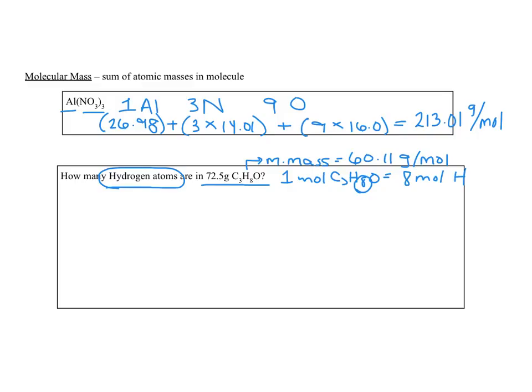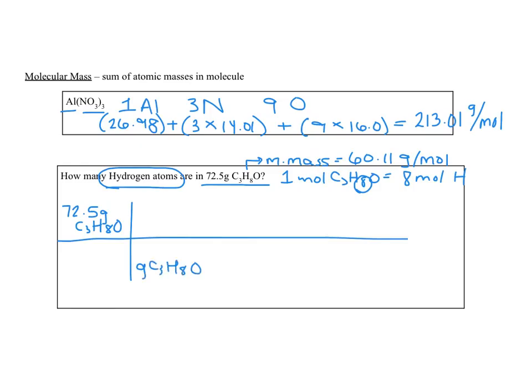So I'm going to go ahead and start my calculation here with what I'm given. I have 72.5 grams of C3H8O. And my first step is going to be to cancel out grams of C3H8O and convert that into moles.